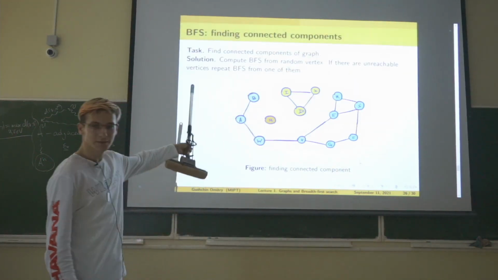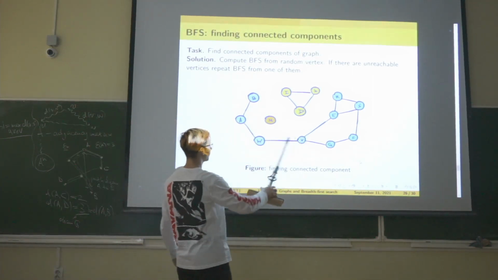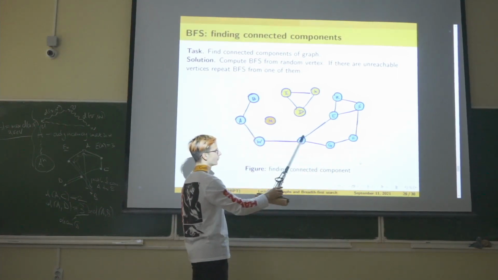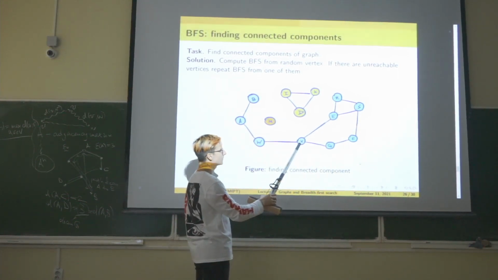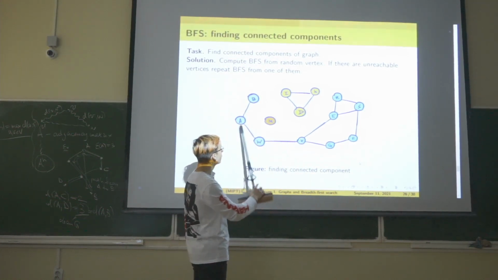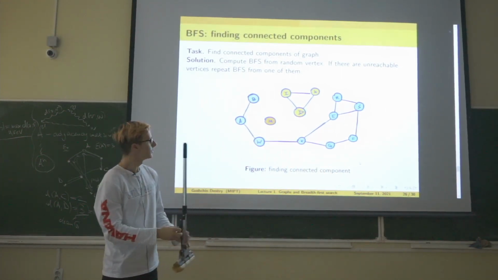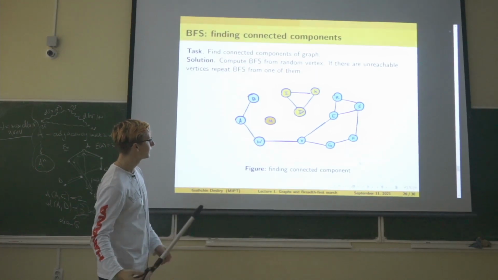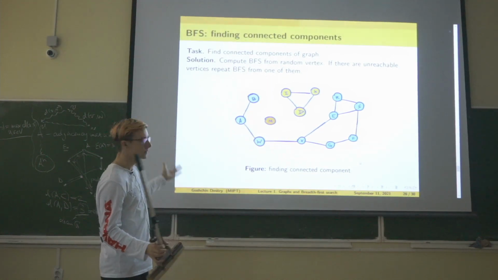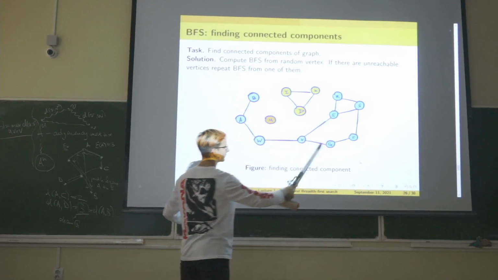Then about finding components, as you say. When we have a connected component, if we choose one of the vertices and start breadth first search, we visit all vertices in this component and we don't visit any vertices from other components. Okay? So the algorithm is simple. We start BFS from one of the vertices.